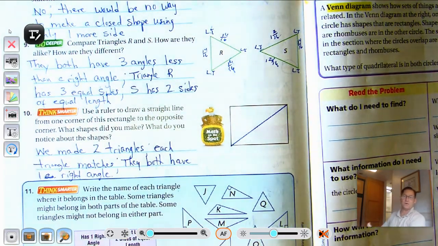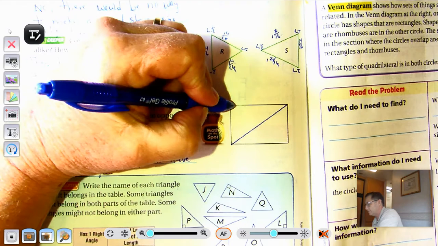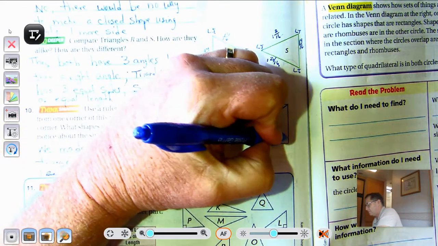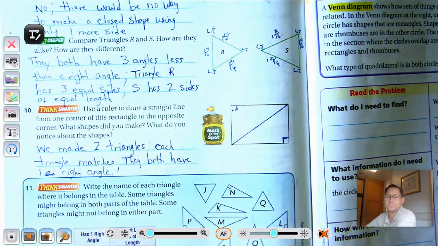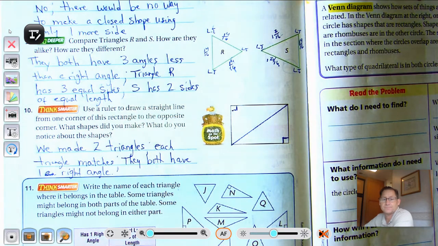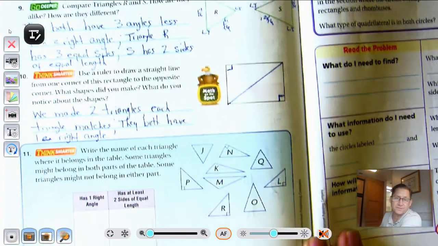Okay, for instance, they both have one right angle. The right angle, and that's a right angle. So they're kind of mirror images of each other.